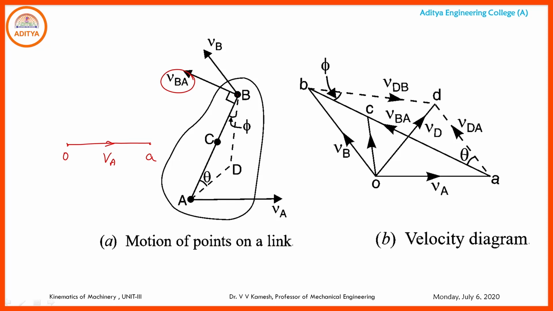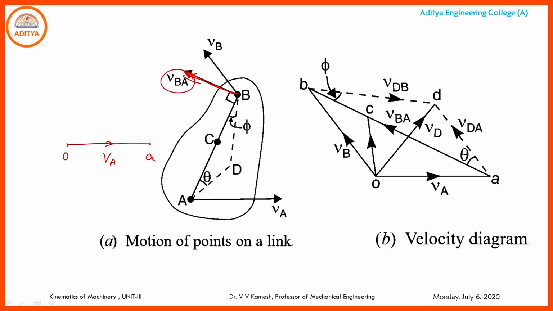Earlier we know in the motion of the link, the velocity at any point on the link, when the link is in rotation, is always perpendicular to the length of the link. That means the body is rotating like this, and it is perpendicular to the radius at any point. So here AB is the radius. To the radius it will be perpendicular like this. So this is the direction of the velocity VBA.